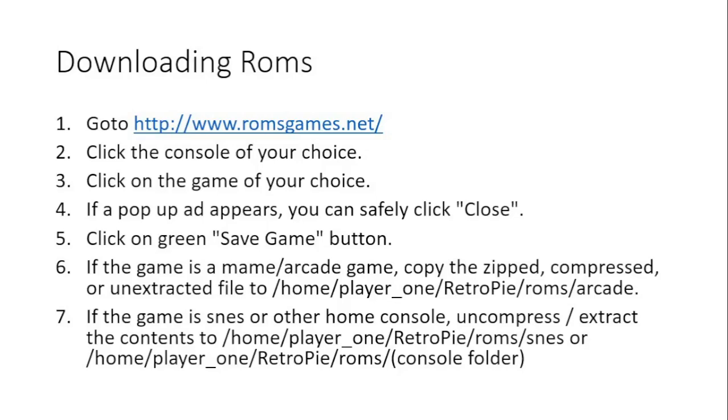So in this case, if the game is a Super Nintendo game, you just extract the contents of the compressed folder to home/player_1/retropie/roms/SNES, and that's all there is to it. If you need help, just consult the documentation, and I'm sure you can find other videos online.